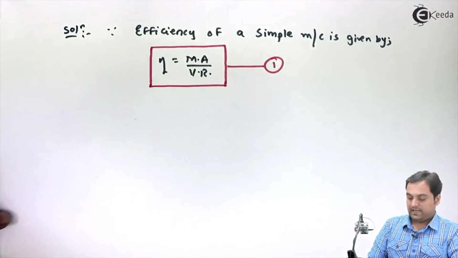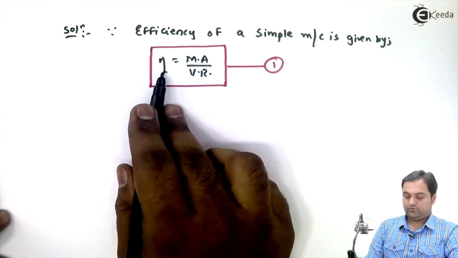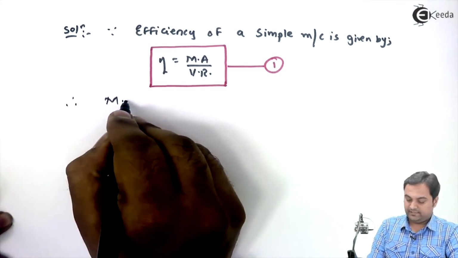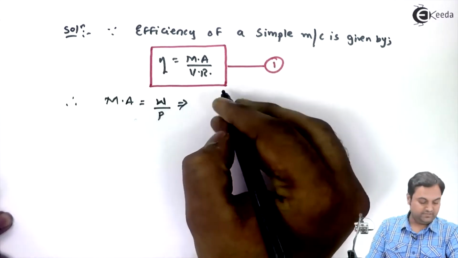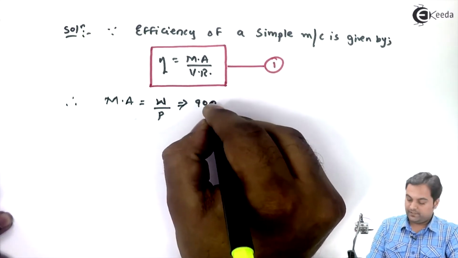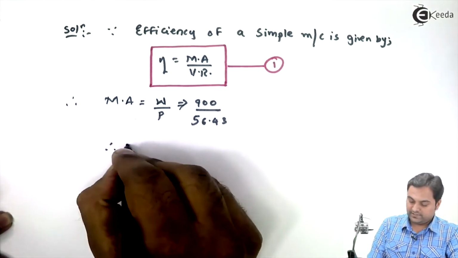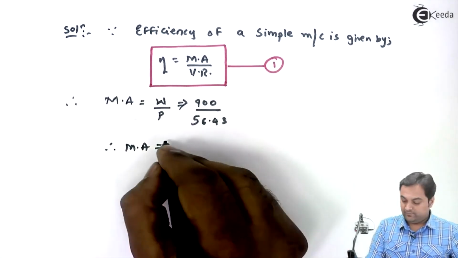Now I will get mechanical advantage, velocity ratio is given, so efficiency can be calculated. Therefore mechanical advantage is equal to load upon effort. Load is given in the problem as 900, effort is 56.43. So from this MA value comes out to be 15.95.